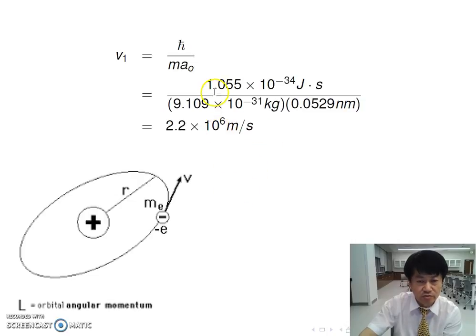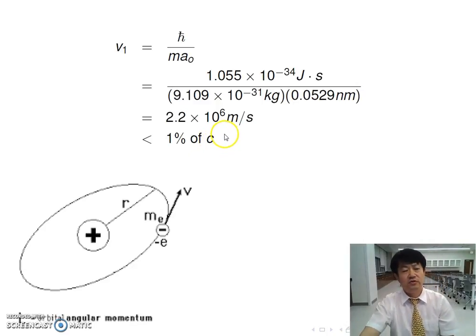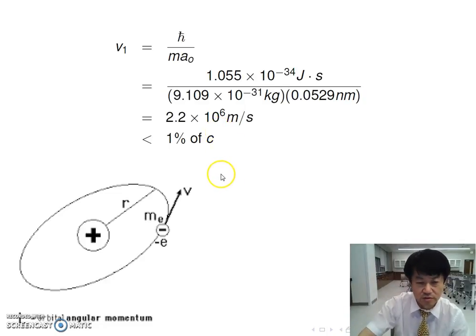If you put the numbers in and evaluate it, it turns out to be 2.2 times 10 to the power 6 meters per second. This value is even less than 1% of the speed of light in vacuum. The value of c is 3 times 10 to the power 8 meters per second.